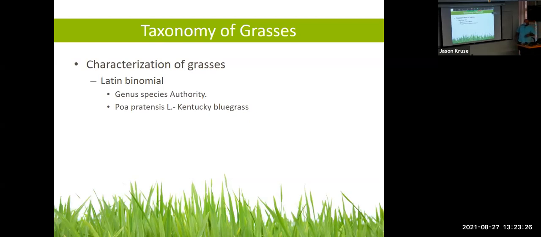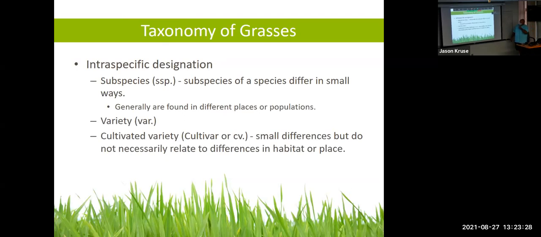Subspecies of plants can differ. We see the spp. designation. That's a species that has some smaller, different characteristics that might be found in different populations or geographic locations. What we will talk about probably more than anything is varieties or cultivars. In turfgrass, we talk about a lot of cultivar names, which is a cultivated variety.